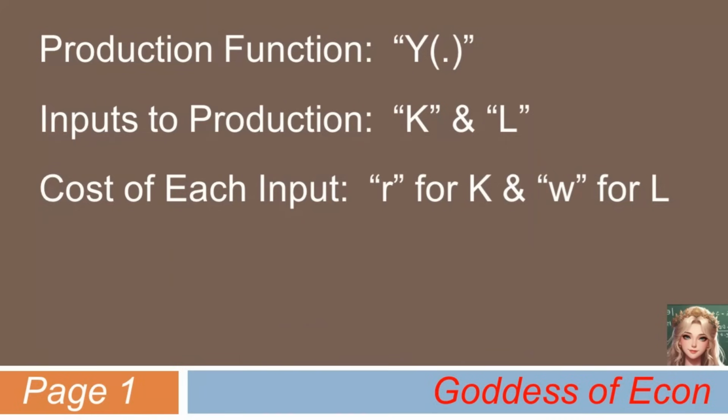Okay, let's denote the production function as y. Y is a function of inputs to production, namely K and L. Here, K refers to capital, and L refers to labor. The cost of capital is the interest rate, R, and the cost of labor is the wage rate, W. So, given these, the firm's objective can be written as the following.